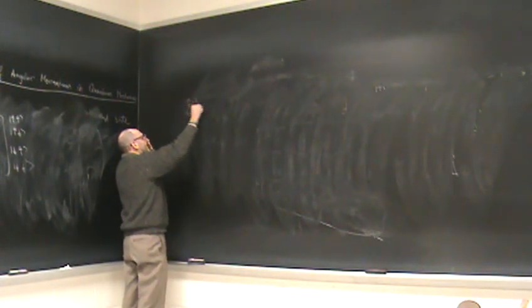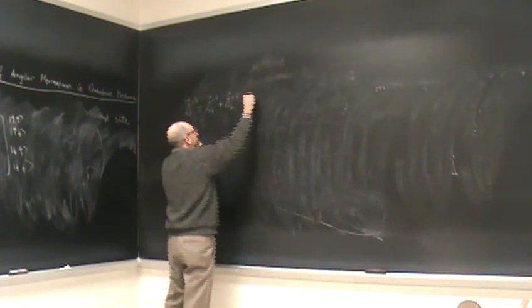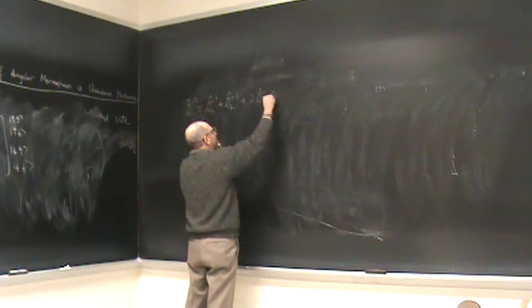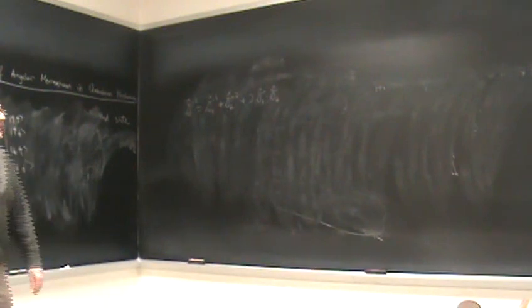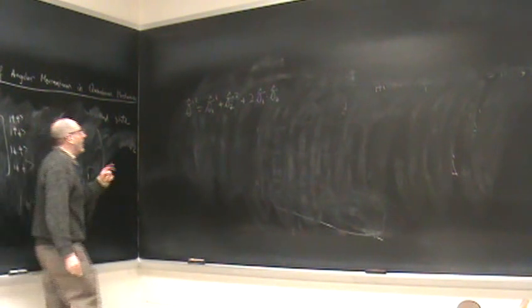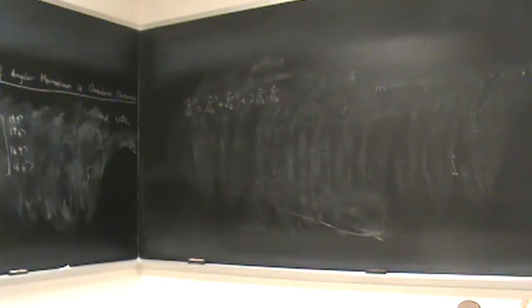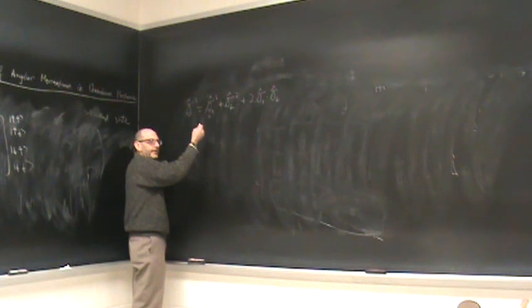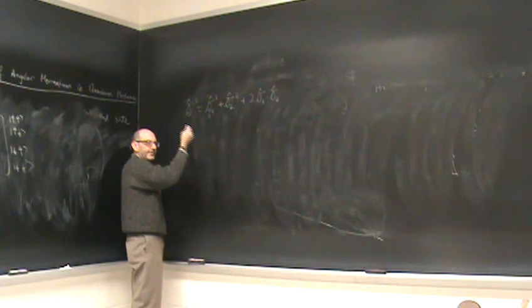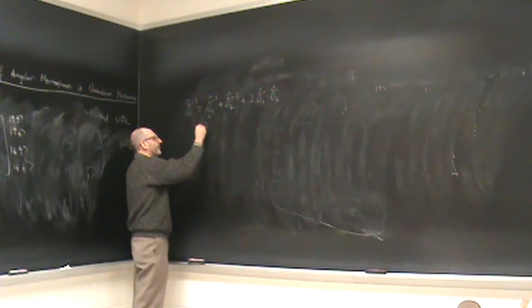S squared is S1 squared plus S2 squared plus 2 S1 dot S2. Okay? This now has to act on the states. We want to see how it acts on each one of these states to find the matrix representation. Okay? Of course, this is S times S plus 1 times the identity, right? And that's 3/4.